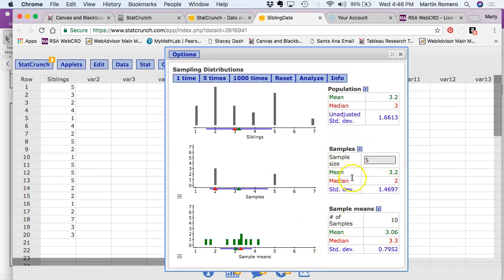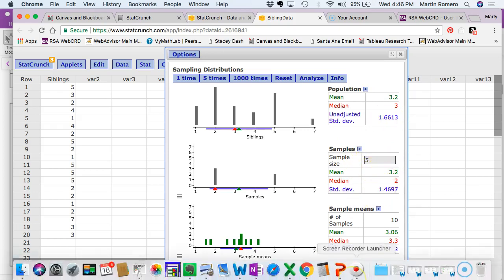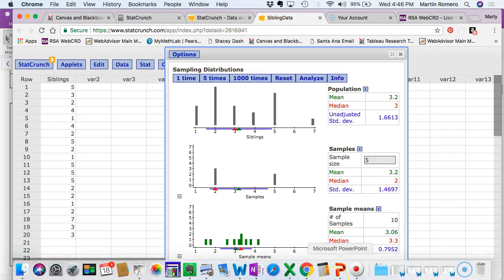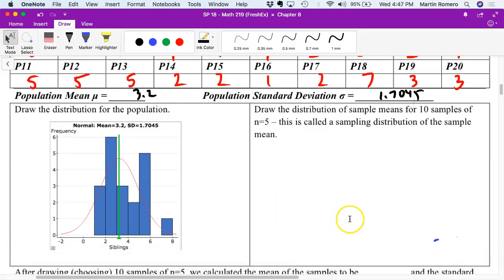And so what we end up with when we take a sample 10 times of n equals 5, we get a mean of 3.2 and a standard deviation of 1.4697. Let's write that in. So the sampling distribution, let me go back there one more time to show you.